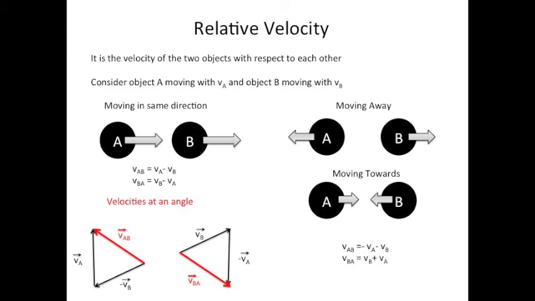Now VBA will be VB minus VA. So VB, you can see it's positive, but VA becomes negative. Its direction becomes opposite. And then we just position them, and we get VBA. So now notice that VAB and VBA are in opposite directions. So this is how you can actually work with velocities at angles to each other when they're not in a straight line with each other.